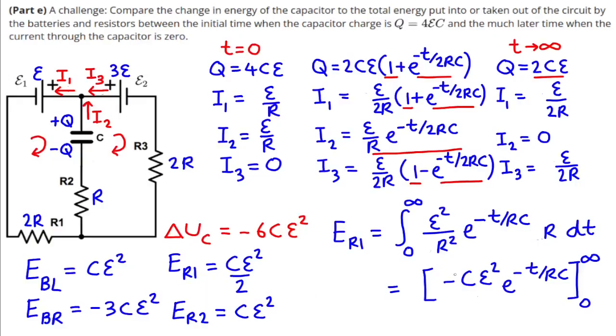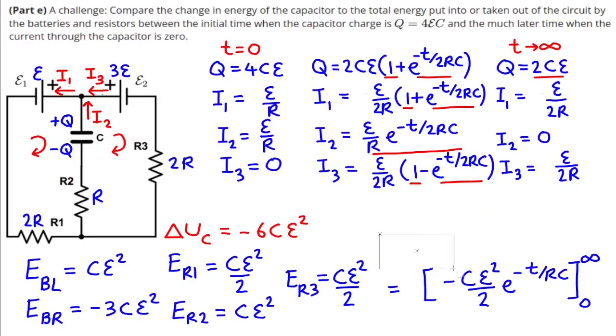And similarly for I3, we get I squared is epsilon squared on 2R squared by e to the minus t on RC, by the resistance. So we get 2R squared on 4R squared by minus C epsilon squared. So ER3 is the same as ER1.